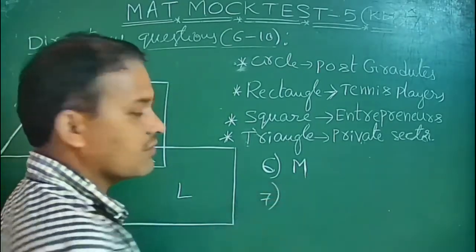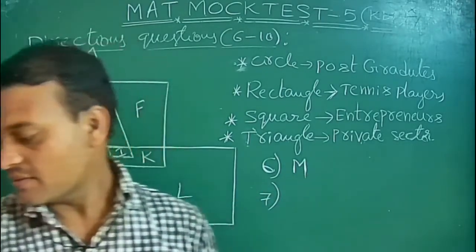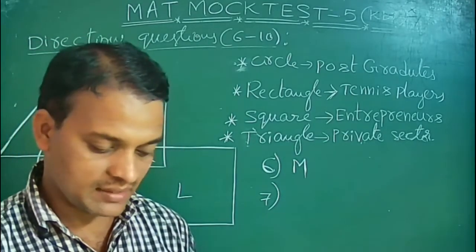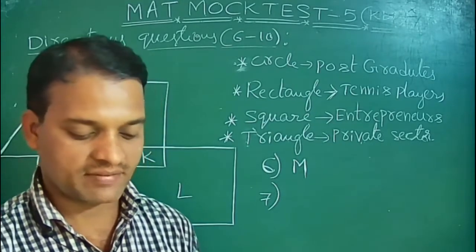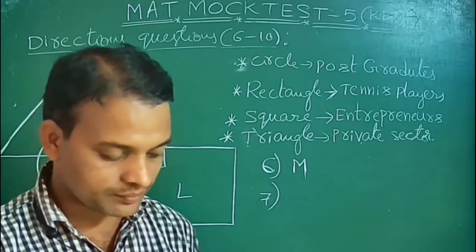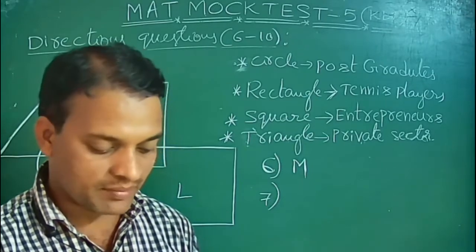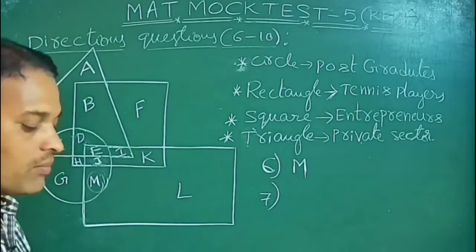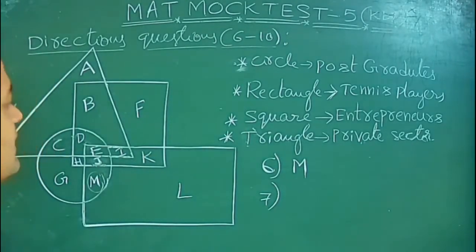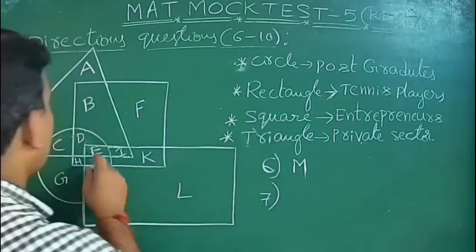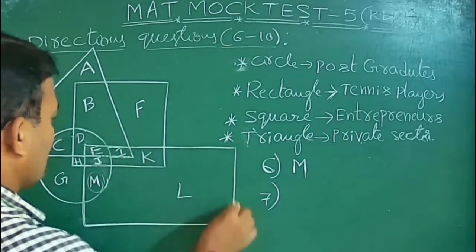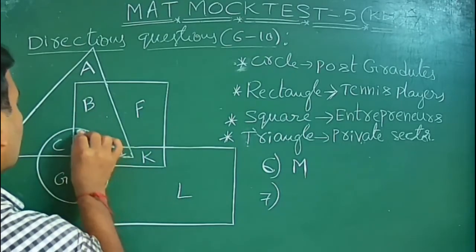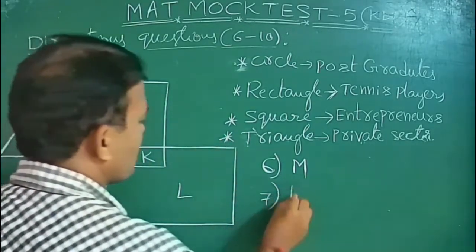The next, seventh one: which of the following letters represents the people who are postgraduates working in private sector, who are also entrepreneurs, but not tennis players? Tennis players is the rectangle, but the remaining three, circle, triangle, square, their intersection part is nothing but D.